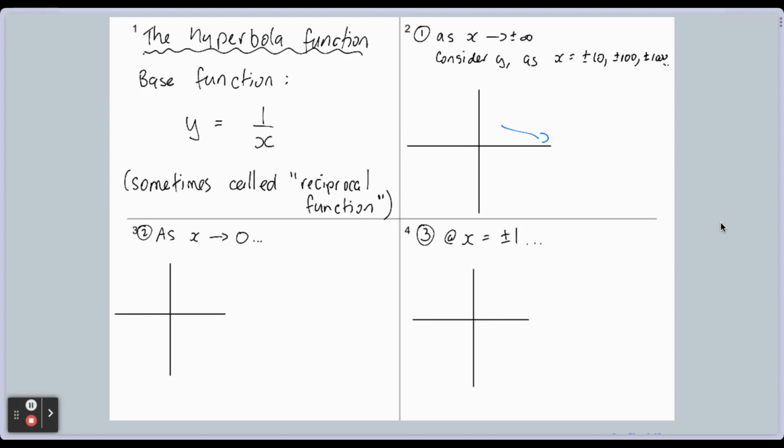So we're going to have the same behaviour. But on the left-hand side, as x becomes negative, y, although it's approaching 0, is going to approach 0 from this side. Does that make sense? Because 1 on a negative number is going to be a negative number. So it's going to be like this.